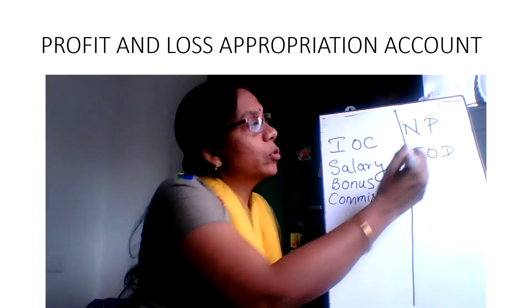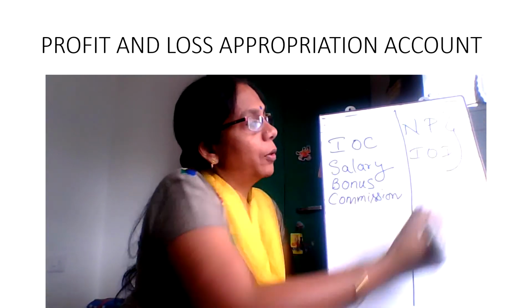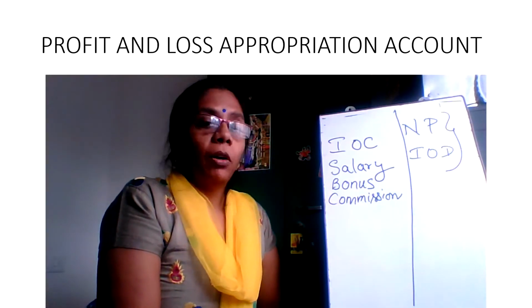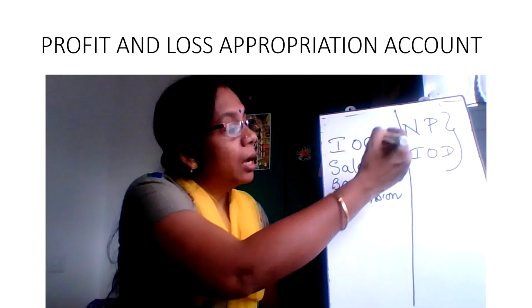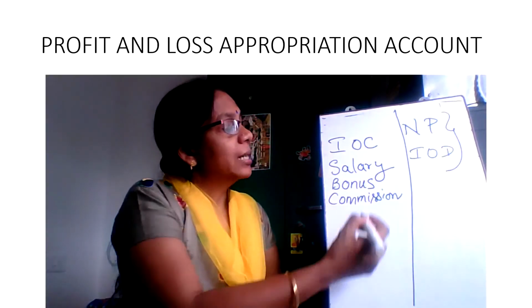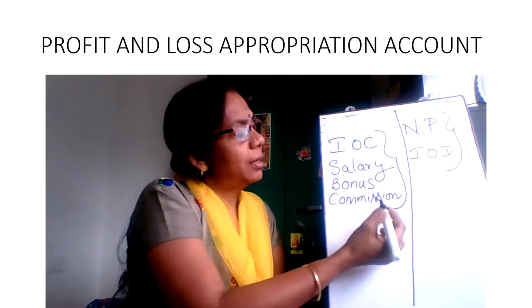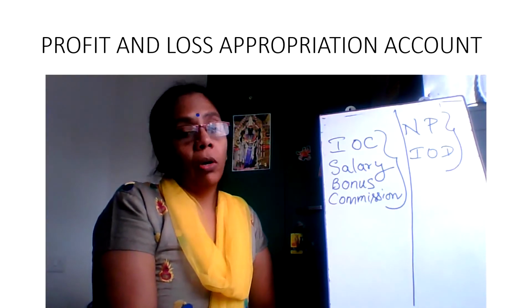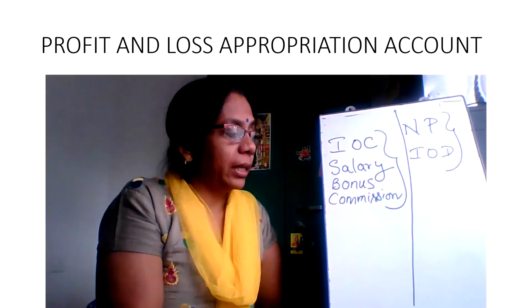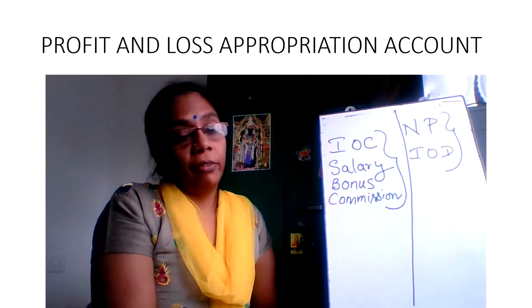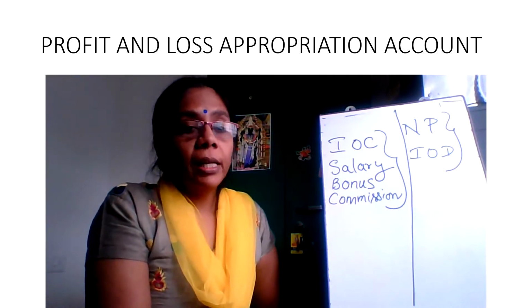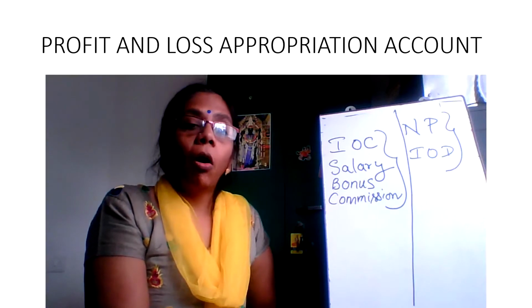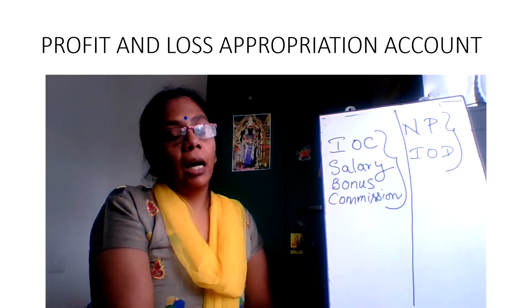So here these two are the items usually found in the appropriation account: net profit, interest on drawings, total this money. And similarly, these are the items generally present on the debit side. Total whatever items are given on the debit side, find out the difference. So the difference will be put on the shorter side of the account.